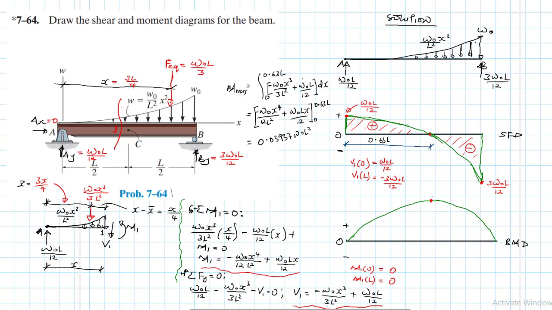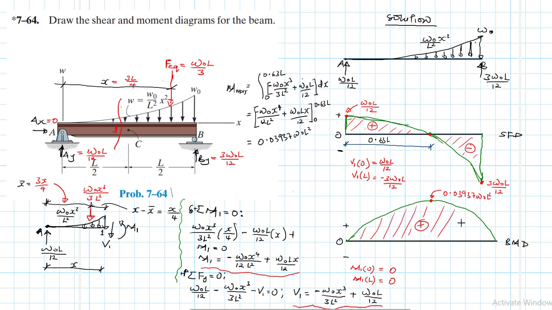So this value is going to be equal to 0.03937 W naught L squared. Alright, and this moment is positive.